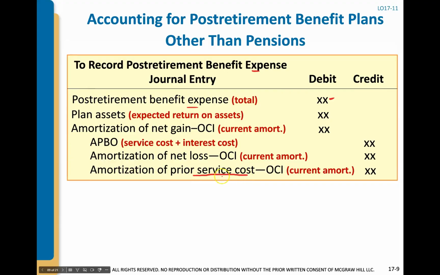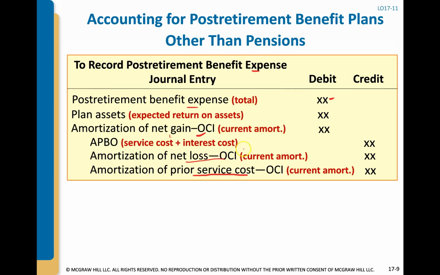If we just implemented a post-retirement benefit plan and need to accrue liability for past years' service worked, or if we have an amendment to an existing post-retirement benefit plan, or if we have amortization of a net loss or a net gain in OCI due to the expected plan asset return versus actual plan asset return.